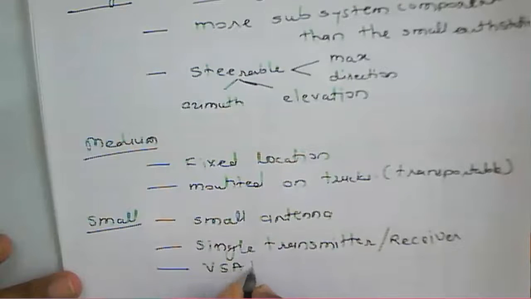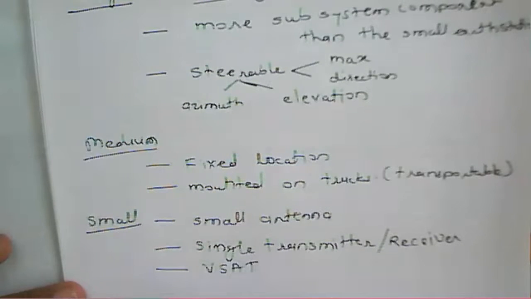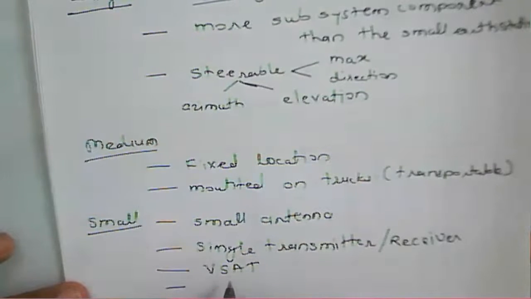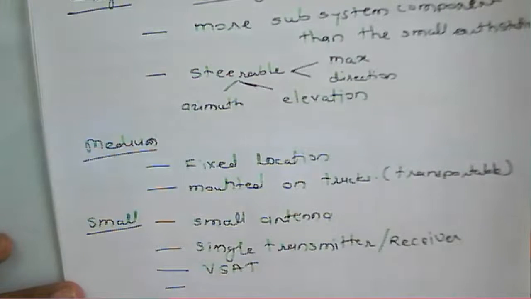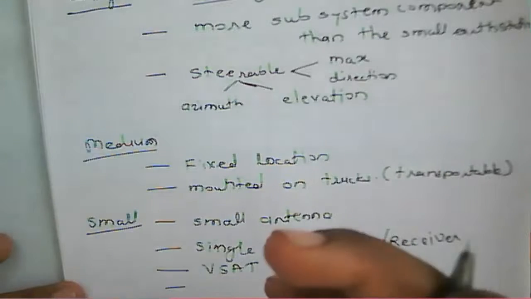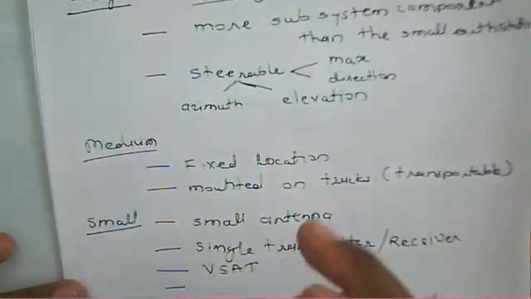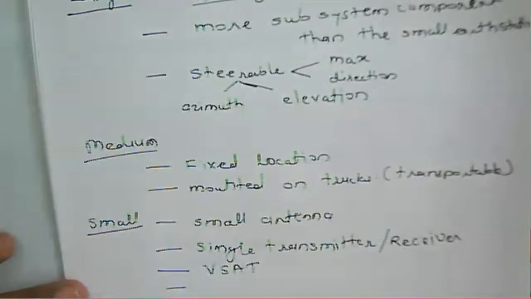An example is a VSAT here, or we can have an emergency, portable station or emergency station that can be used for communication.